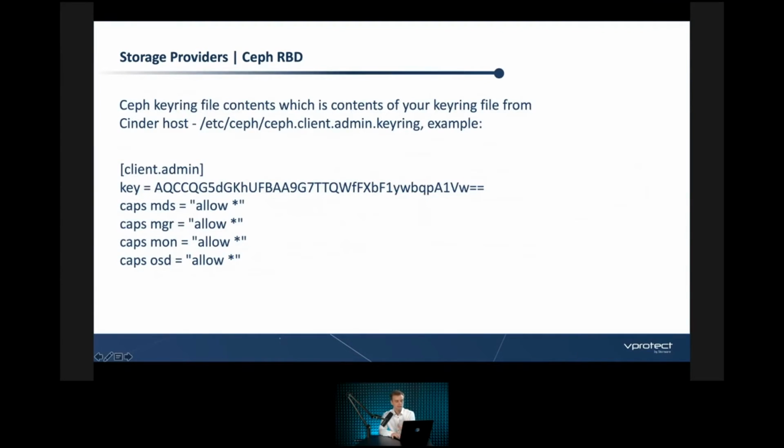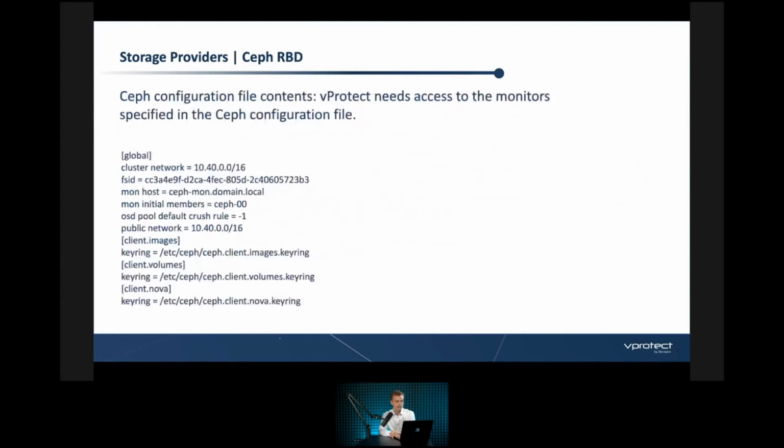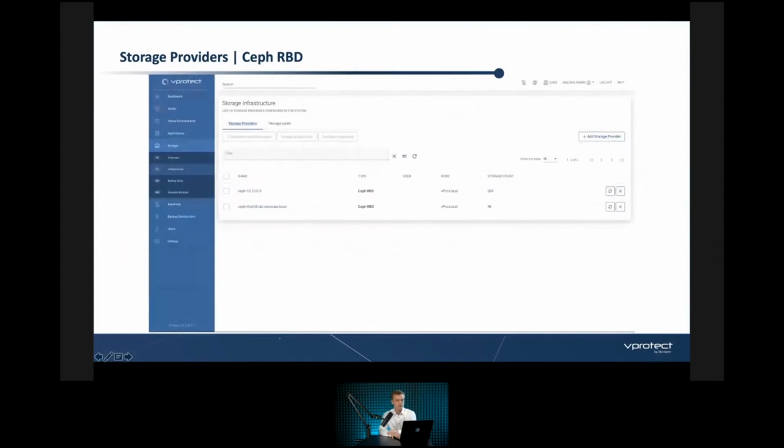Now, this is just an example of the admin keyring and the configuration context. So you just copy paste these two, and later notice that you have on the left the storage tab, which almost exactly reflects what we support for the virtual environment, especially including the infrastructure tab.